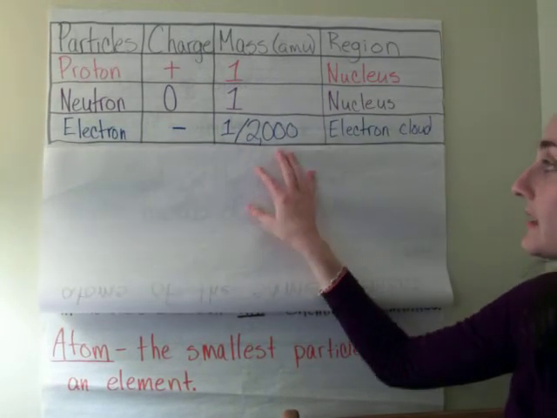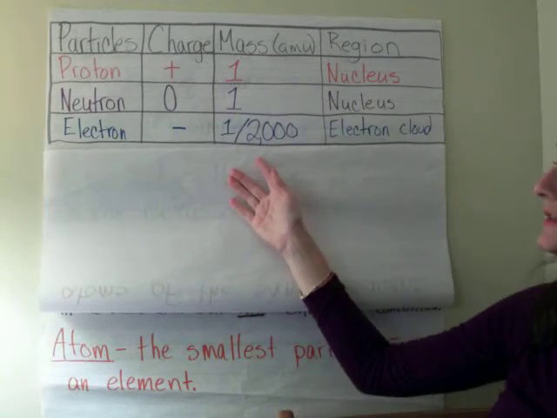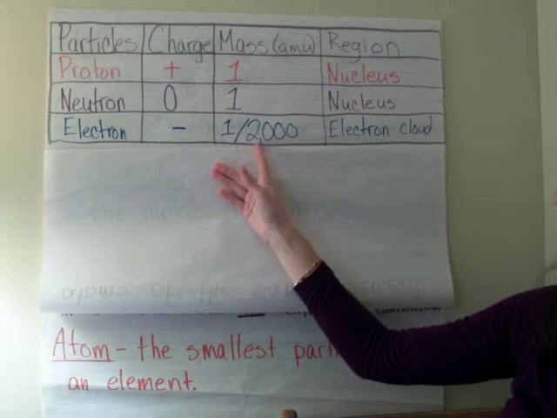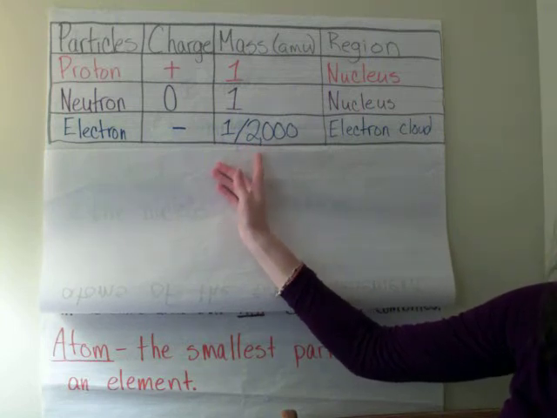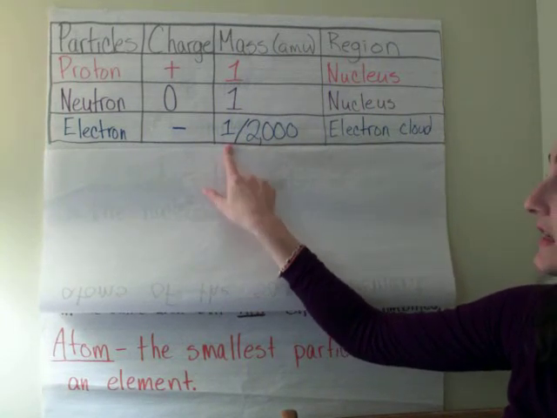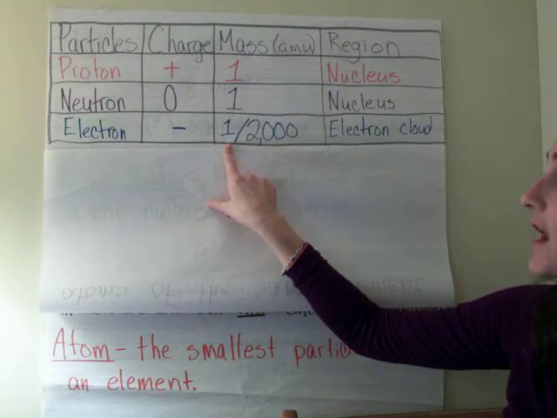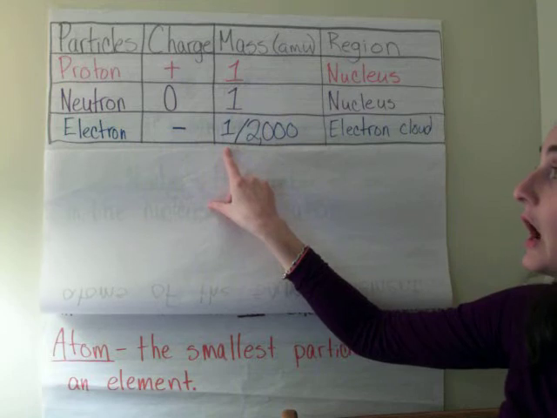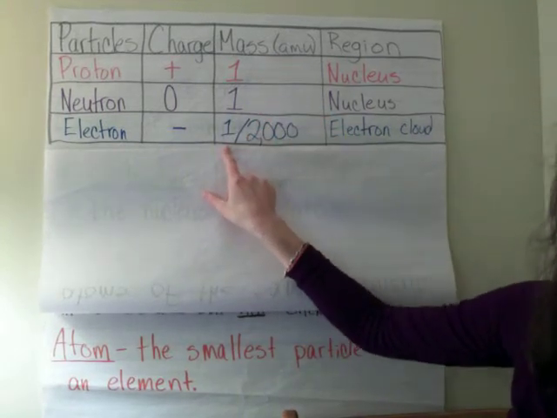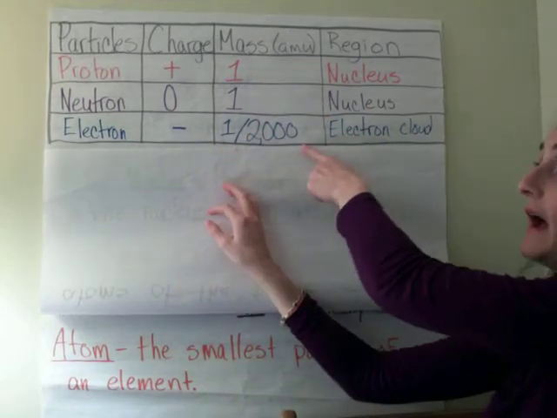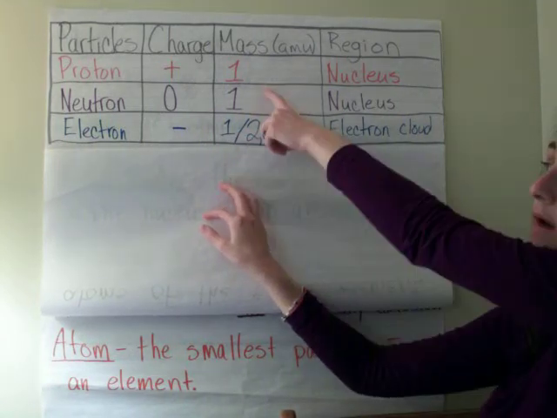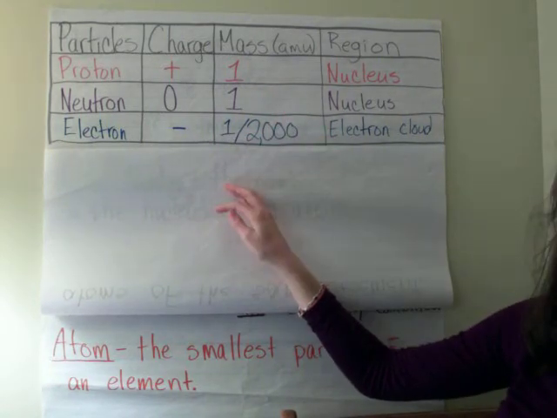Okay, so the next thing that we've got here is our electron mass. And you can see here, I know that you see 2,000, but keep in mind this is a fraction. This is saying that an electron is 1/2000th of the mass of a neutron or a proton. That means it would take 2,000 electrons to equal the mass of 1 proton or the mass of 1 neutron.